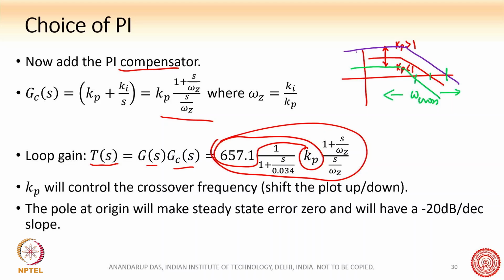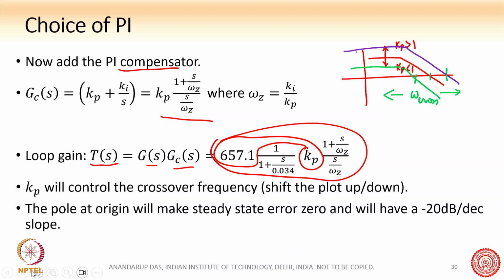Which means that this Kp value can control the crossover frequency of the loop gain, right? So this is something to keep in mind: if you need a certain amount of bandwidth, if you want to make your system faster, you can control it with Kp. But if you put too much bandwidth, then the switching frequency harmonics will come into the system.